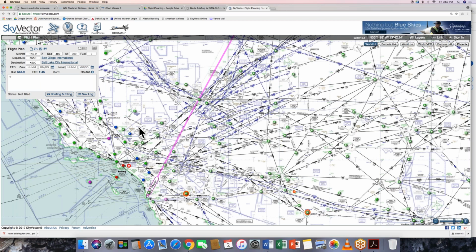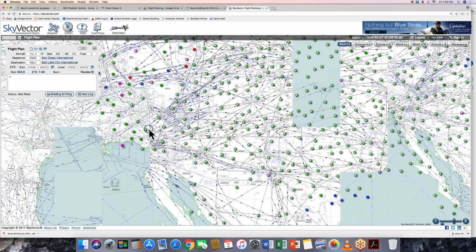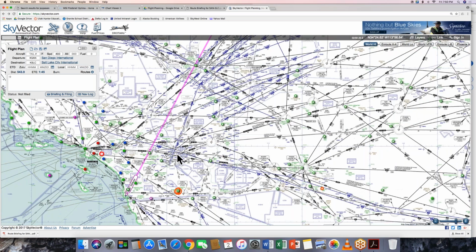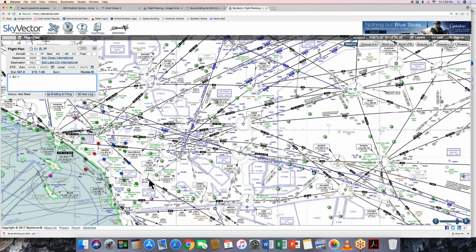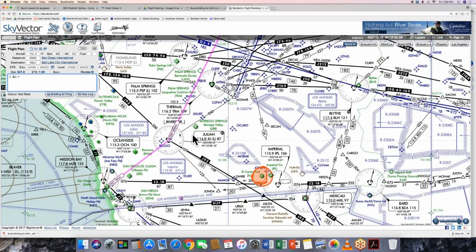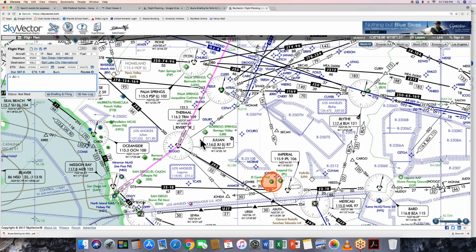The cool thing about SkyVector is I don't have to go, it's kind of a nightmare going through and looking for a specific VOR. So if I just type it in here, Julian, I believe was JLI. Oh, there it is. So JLI, hey, that kind of gets us headed in the right direction, doesn't it?